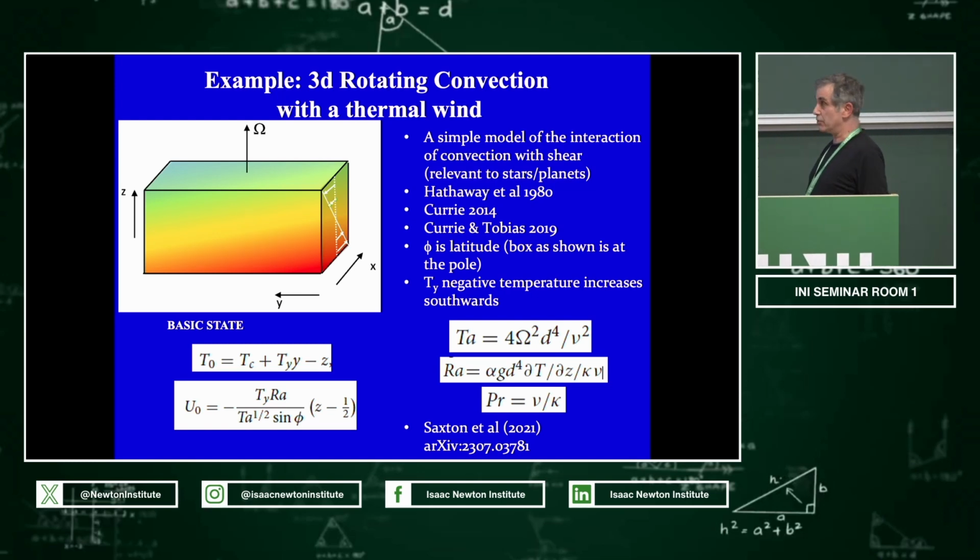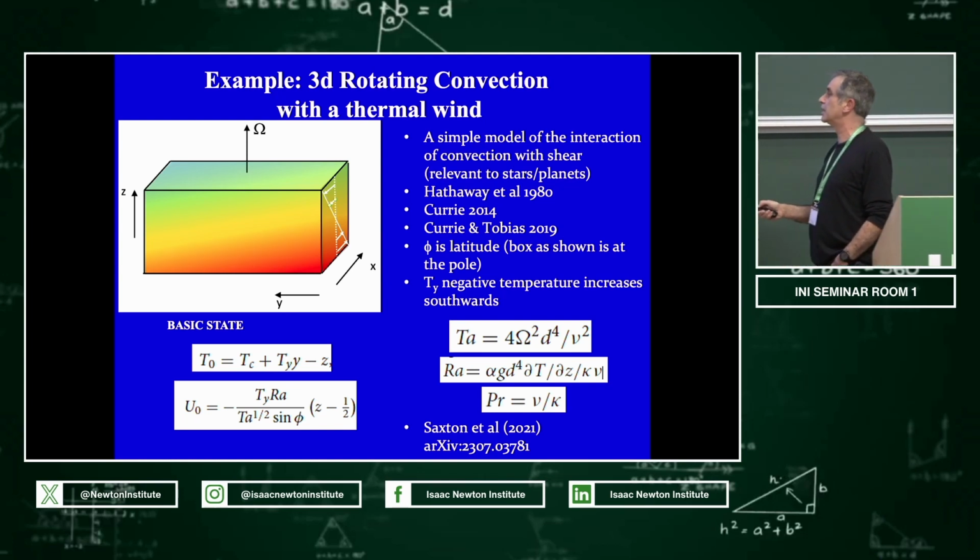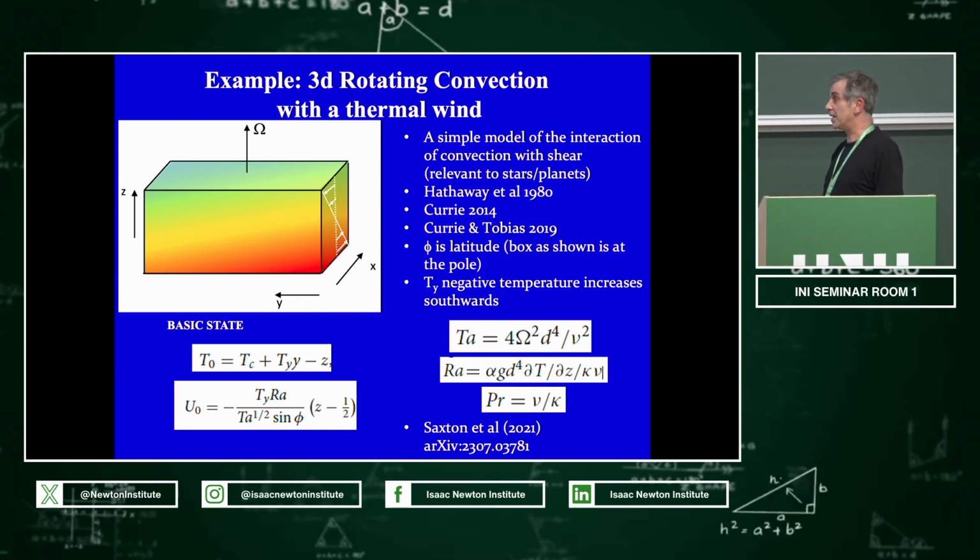And it's this that is going to drive the shear flow, because when you have a gradient in y, then you have to have what's called a thermal wind. Because you're in a rotating system, the strength of the thermal wind depends on this temperature gradient, Ty.